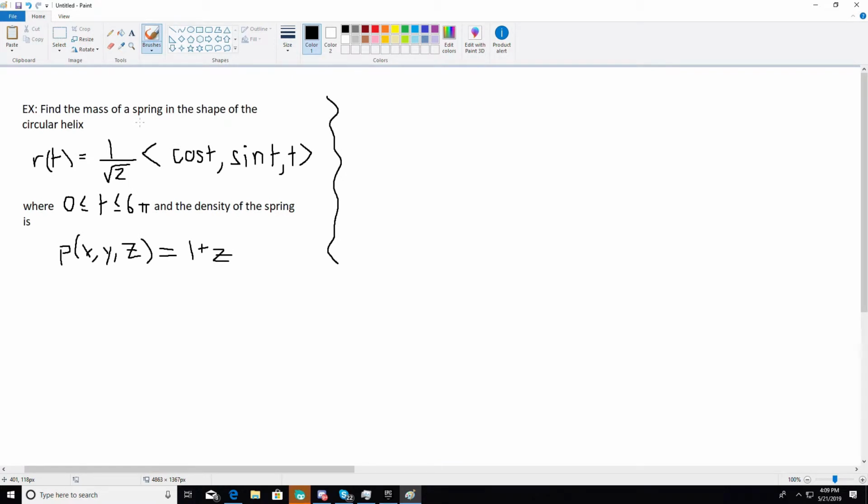Here is one more example. It says find the mass of a spring in the shape of a circular helix where t ranges from 0 to 6 pi, and the density of the spring is this. So first step would be to find the magnitude of r prime. So that equals 1 over rad 2 times the radical.